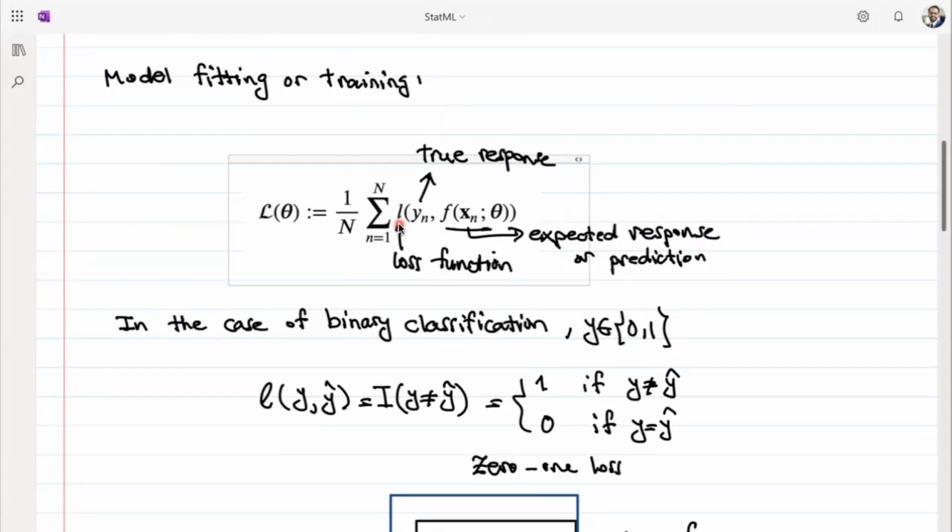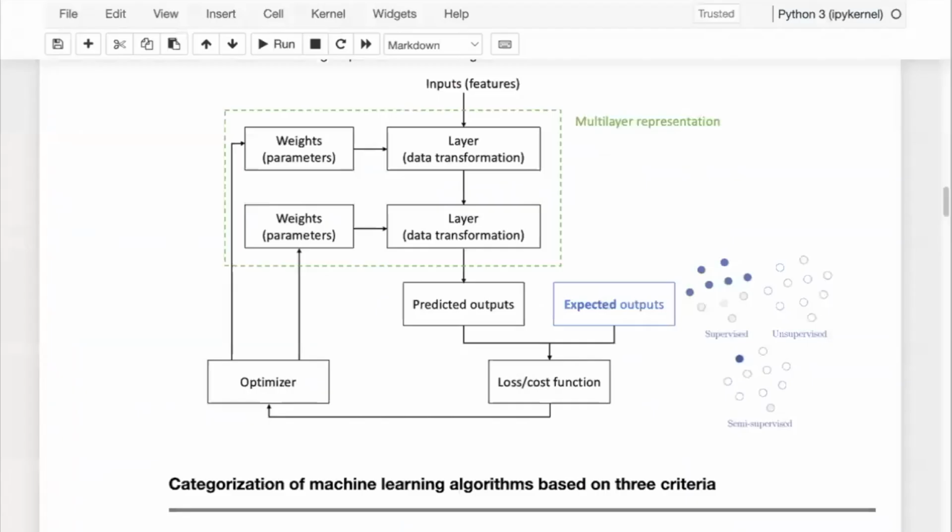We have this function L that has two input arguments. One is the true response or true output. So this comes from our historical data. On the other hand, we have our input features that we pass through the multi-layer representation. And this theta here represents the weights or the parameters that we have, right?